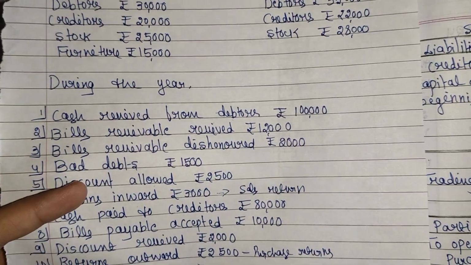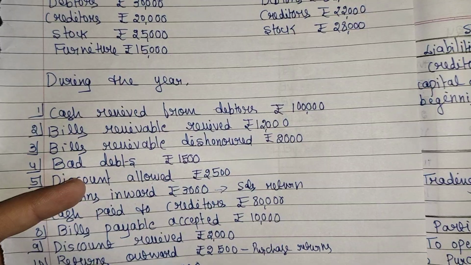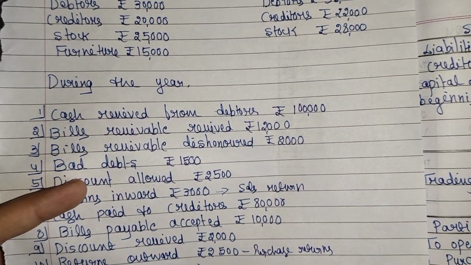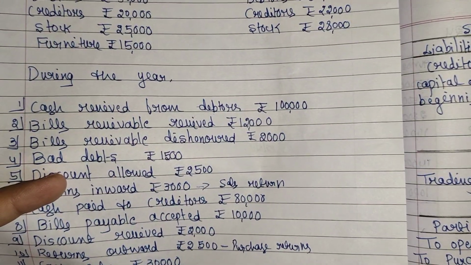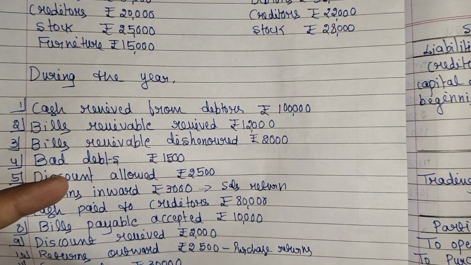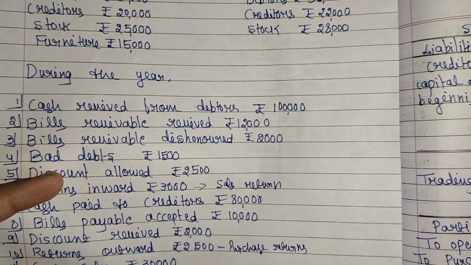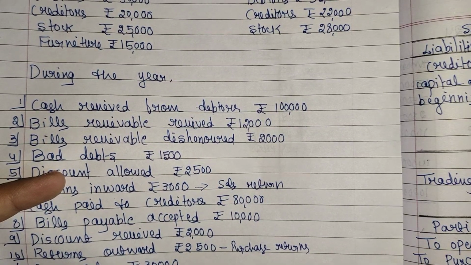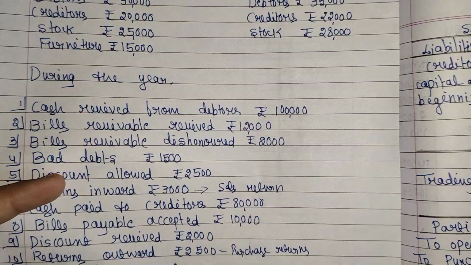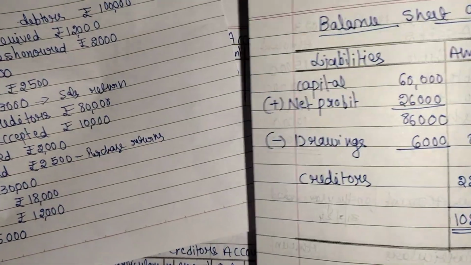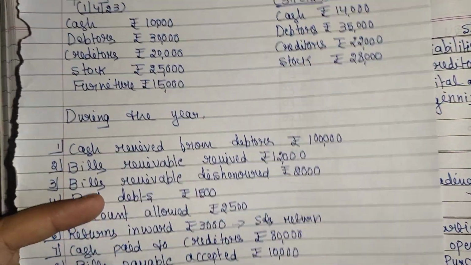And expenses paid, it comes under profit and loss account. Drawings, this one we need to deduct from the capital, that is rupees 6,000. Clear? In the balance sheet, we need to deduct it from the capital.